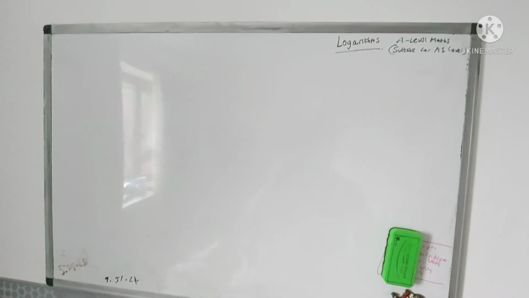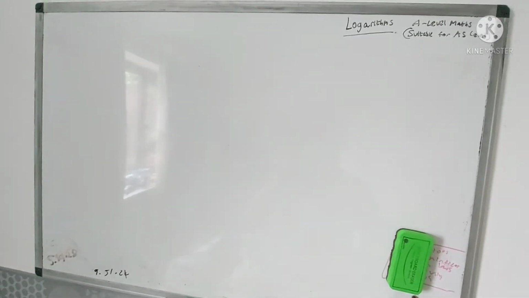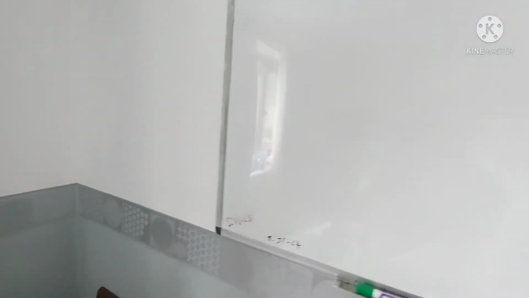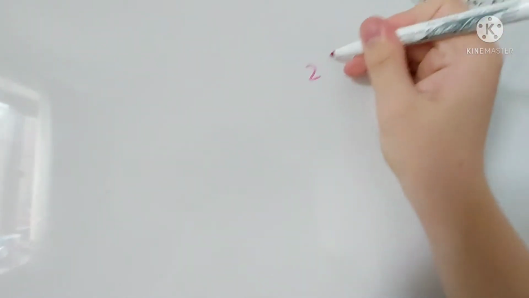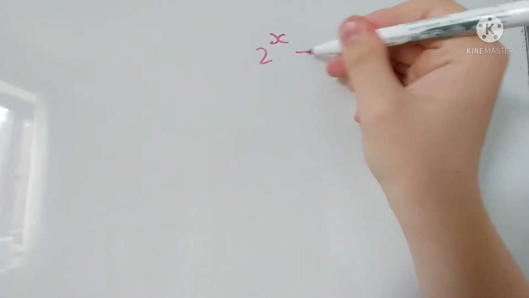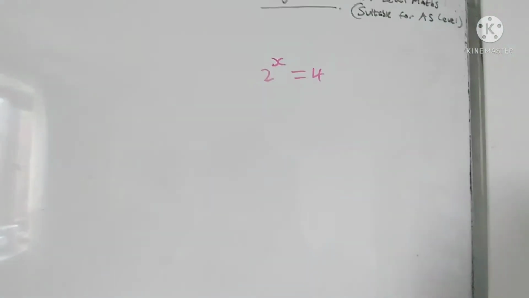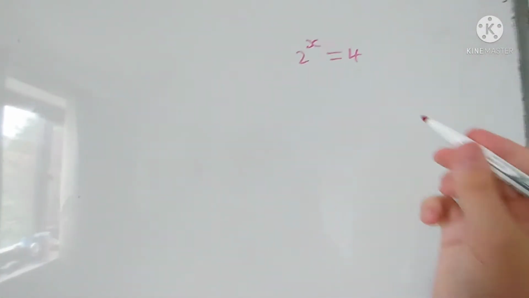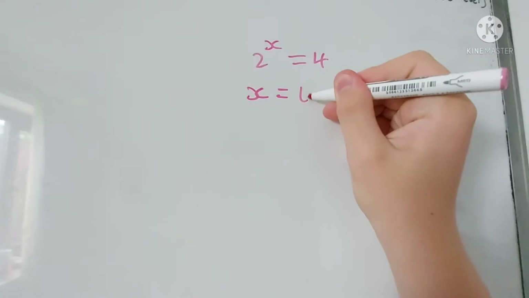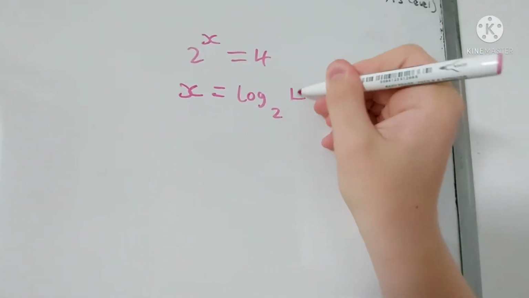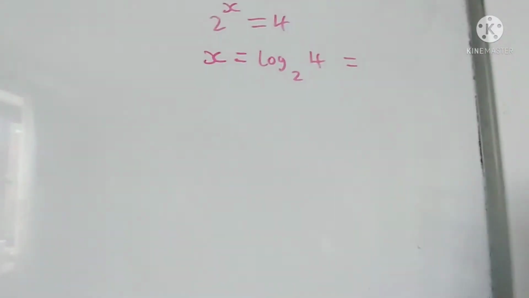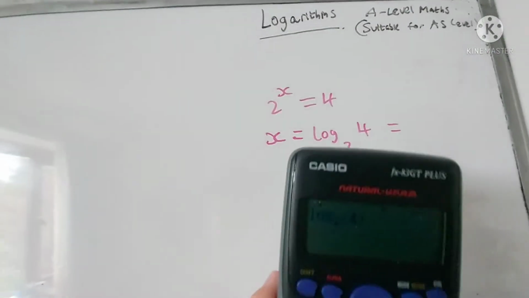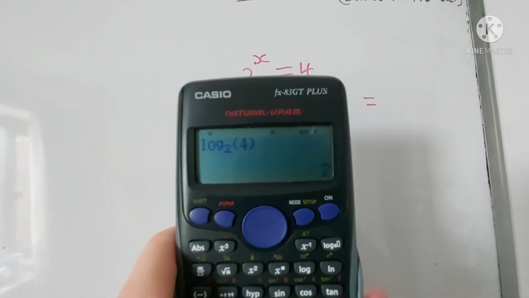Okay, so to start off with, a logarithm is introduced from the idea that if I have something like 2 to the power of x equals 4, for example, and I wanted to find the x, well I could say x is equal to log base 2 of 4, which on your calculator, if you do that, you get the answer of 2.